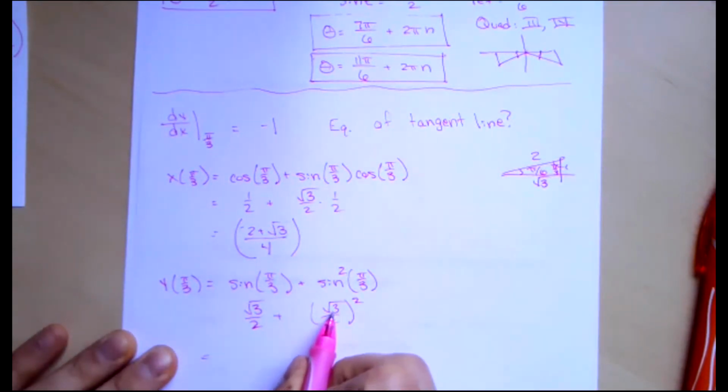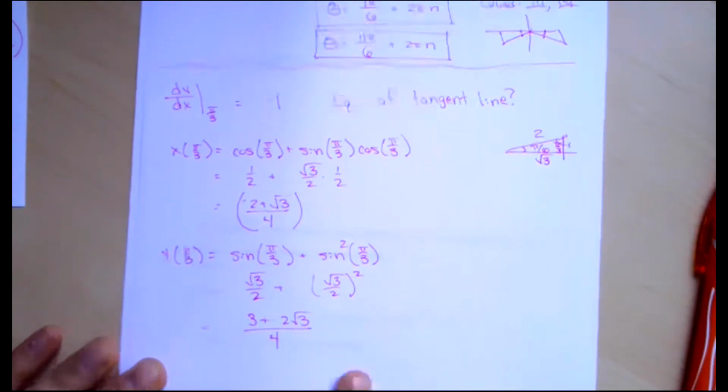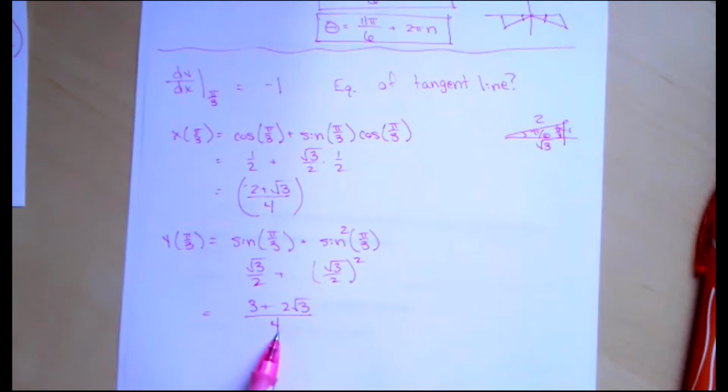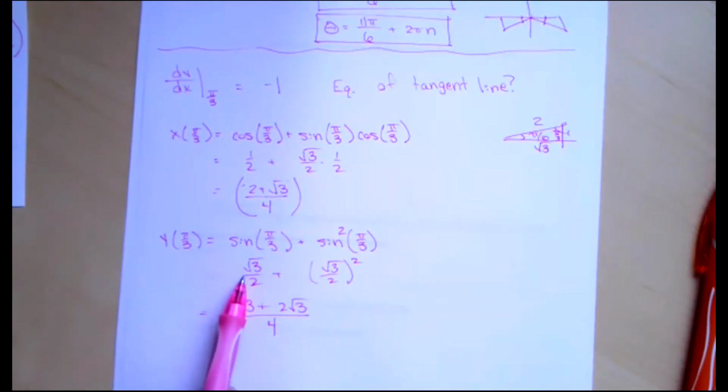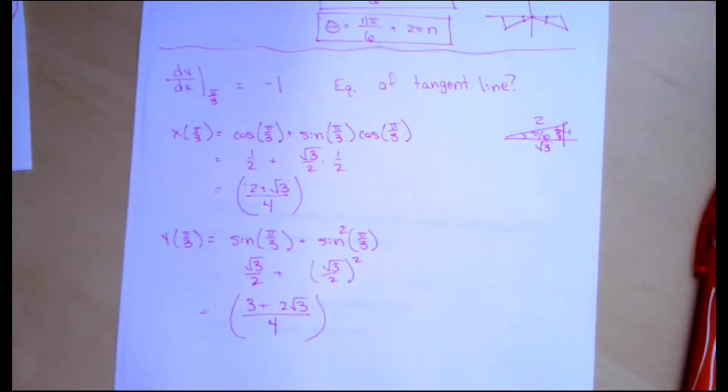And so simplifying, that's going to be 3/4. So it's going to be 3 plus 2 square root of 3 over 4. So that'll be our 3/4 plus, and multiply that by 2 over 2, 2 square root of 3 over 4. Gives me my x and my y.